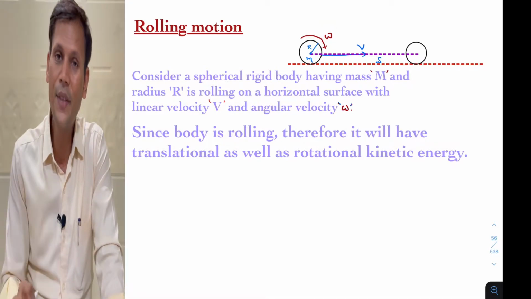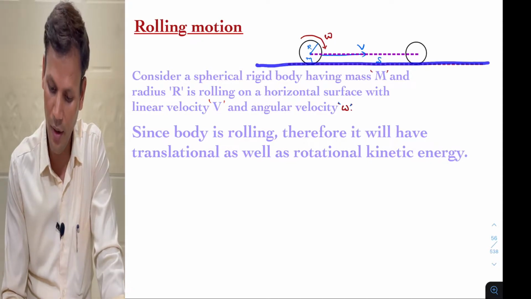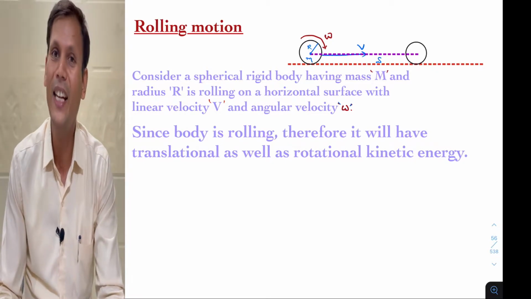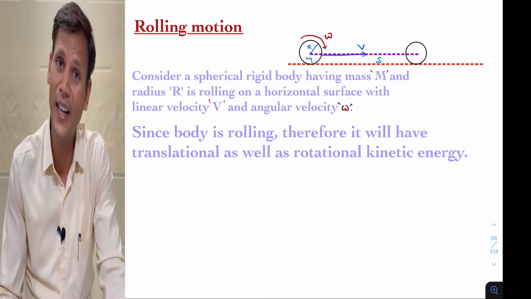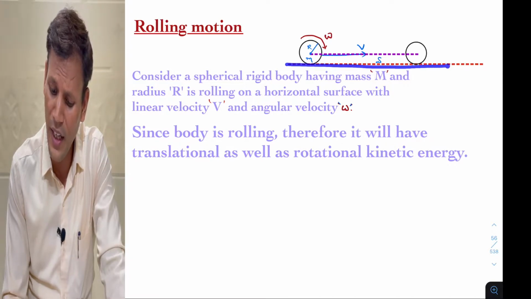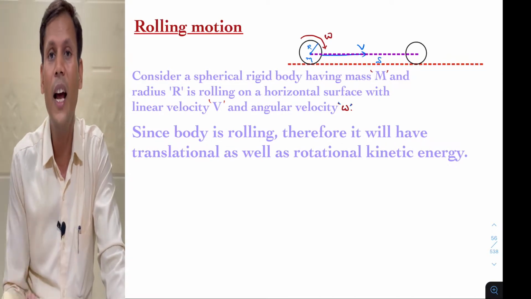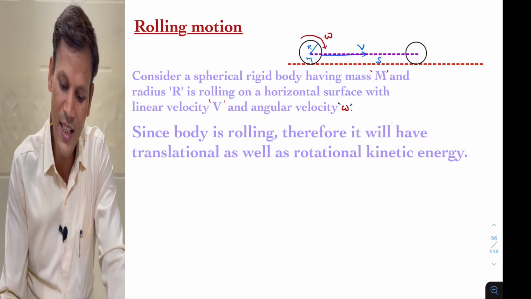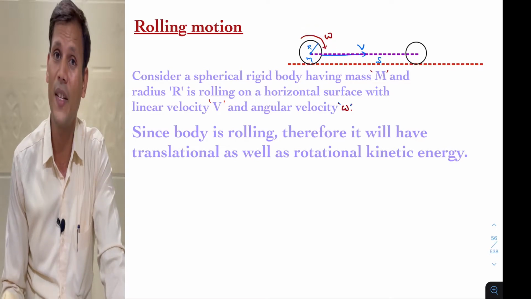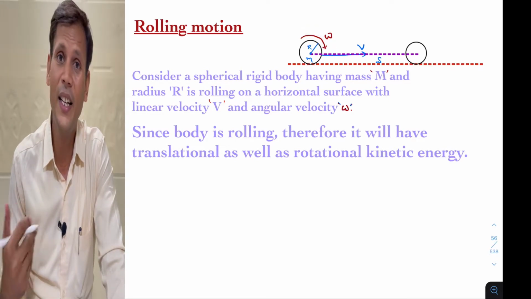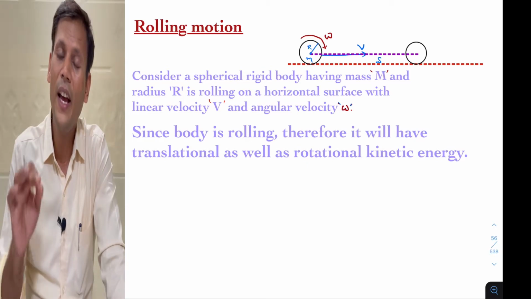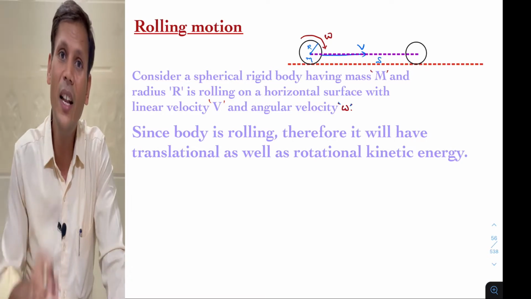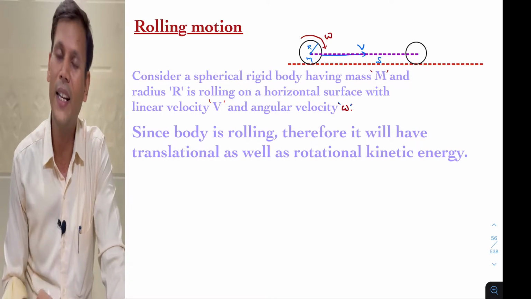As we know, if any body is rolling on a horizontal surface, then it will have two types of kinetic energy. Since it is performing linear motion, it will have translational kinetic energy, as well as, since it is rotating, it will possess rotational kinetic energy.